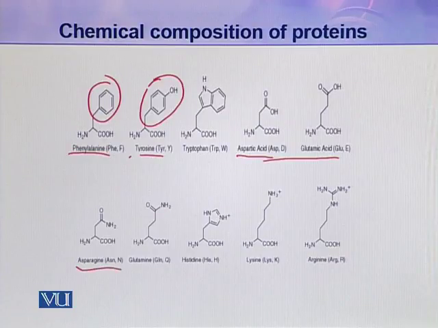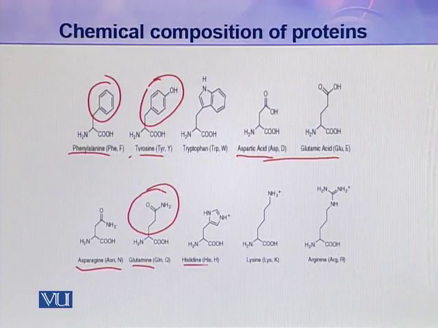Then asparagine, glutamine. Glutamine has quite a big R group. Then histidine, lysine and arginine. All these three amino acids are also charged amino acids, but they are positively charged amino acids. So here you have seen 20 different types of amino acids with 20 different types of R groups.